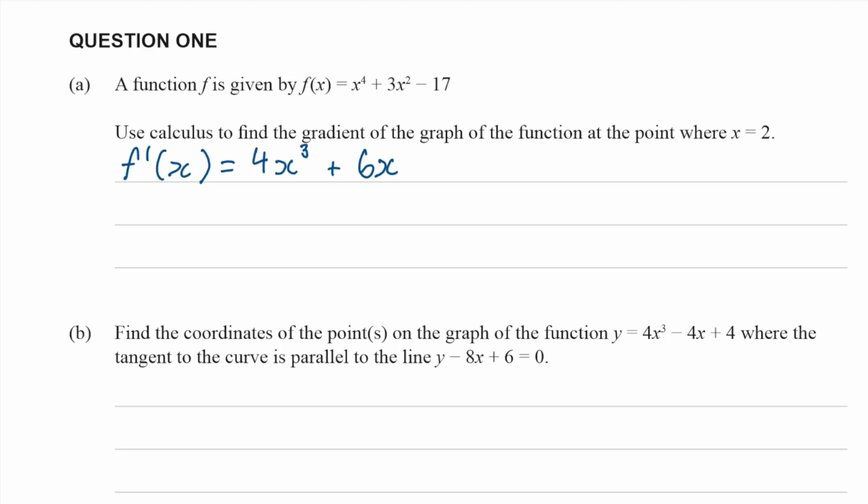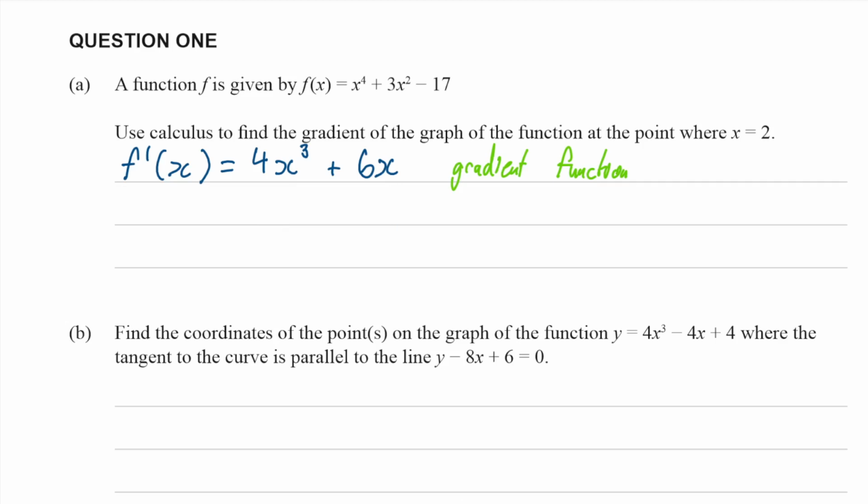Now, we haven't answered the question. It's asking us to find the gradient. What we've just found is called the gradient function. What that means is if we give it a value for x, it will tell us the gradient. And now let's reread the question.